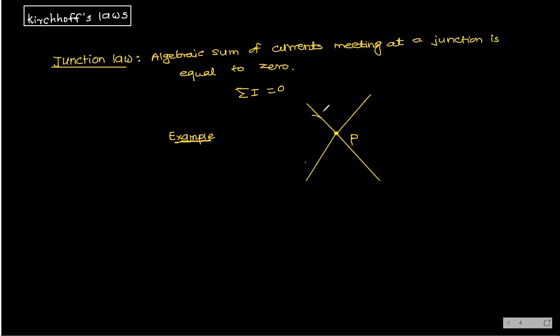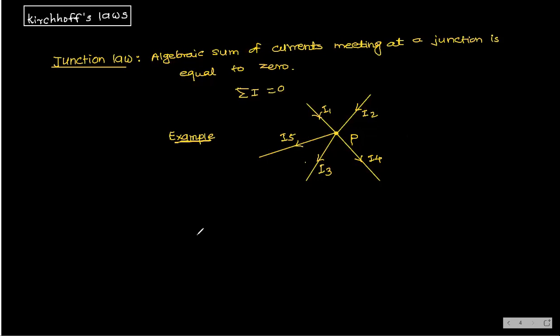So this is I1, this is I2, okay, this is I3, this is I4, and one more I am taking. Let us suppose this is I5. Which current is this? I5. This is also going.